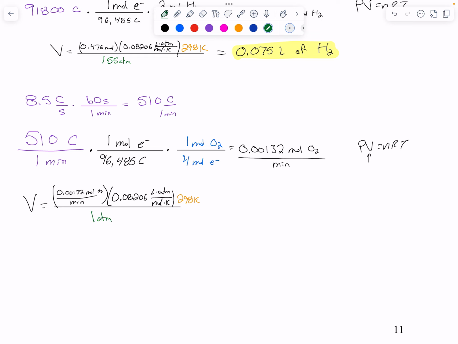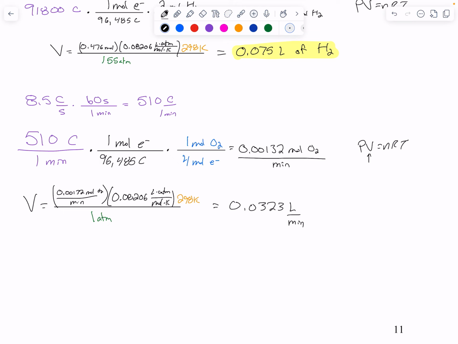So 0.00132 times 0.08206 times 298, I get 0.0323 liters per minute.